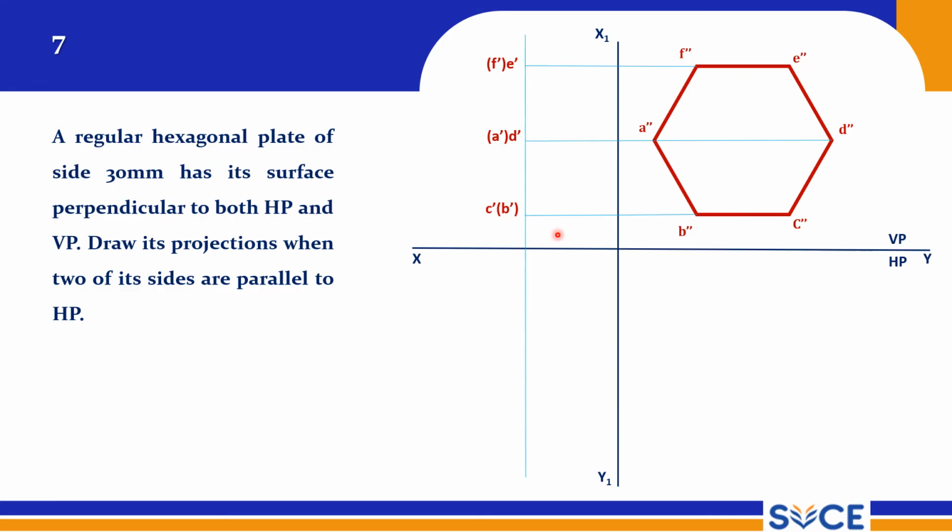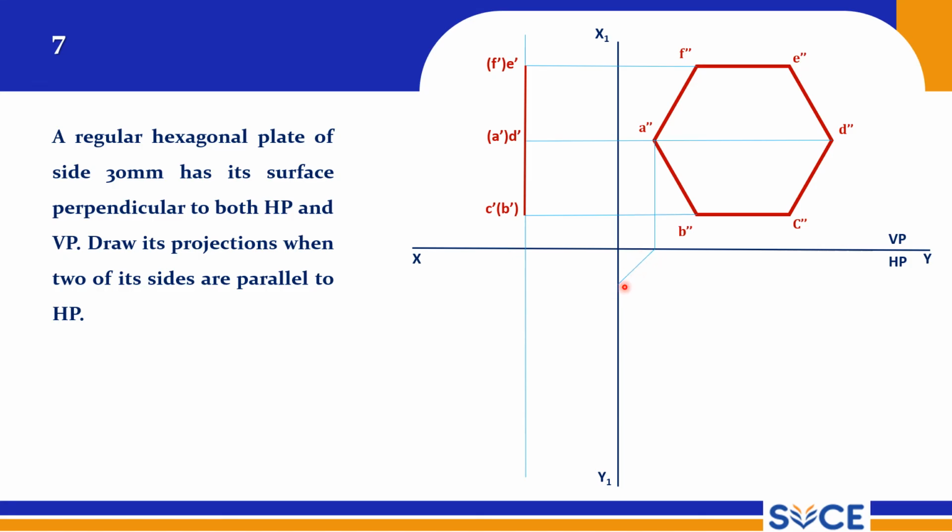To get the top view, you have to do a small exercise here. First draw a 45-degree line. You can set the drafter at 45 degrees to this xy reference line and draw this thin line. From A you drop down a thin line up to the xy reference line and set the drafter at 45 degrees.